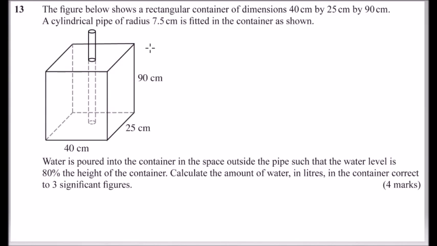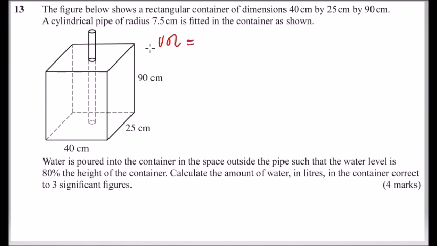So it means that for us to be able to get the volume of water at 80%, we have to subtract the volume of the pipe because it is not being occupied by water. And for us to do that, first of all, we need to get the volume of the container, minus the volume of the pipe.